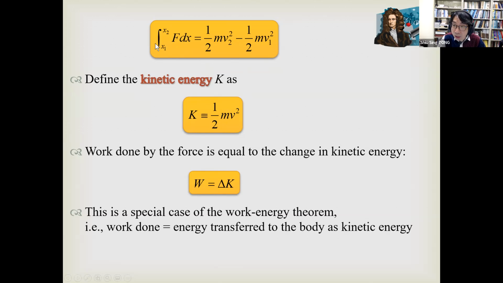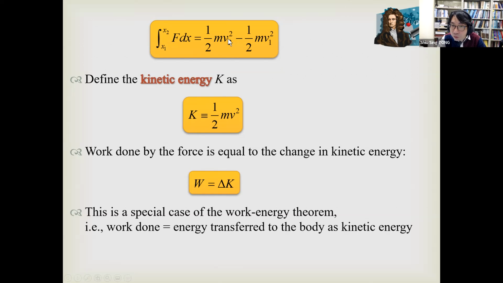Because we know that the work done is me delivering some energy to the system, right? So by the work-energy theorem, the work done must be causing some kind of energy change. And so it is natural to interpret this term, half m v squared, as a kind of energy associated with the motion of the body, and that is the kinetic energy.